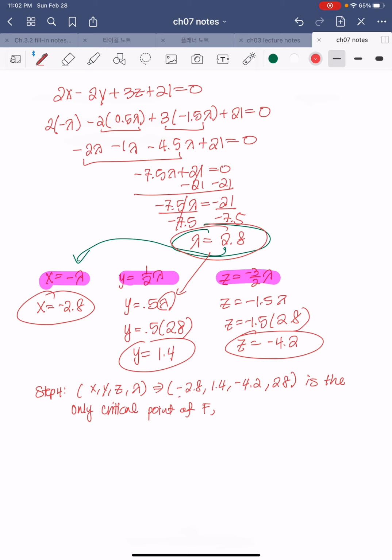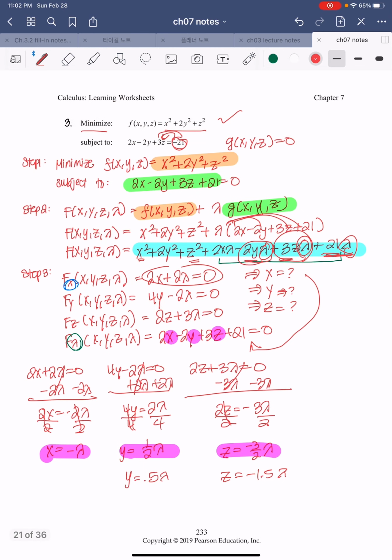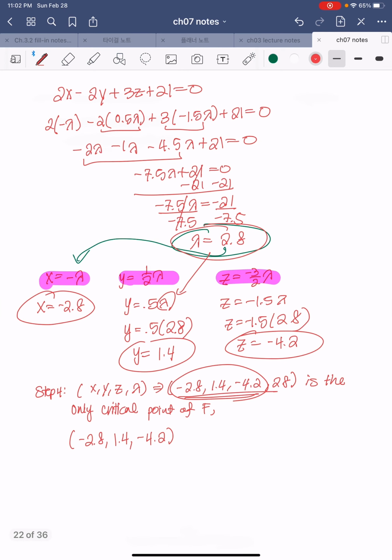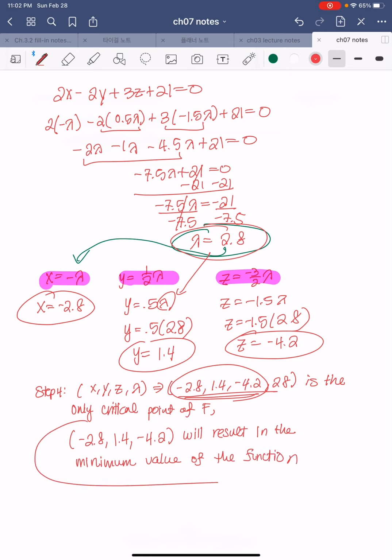So only x, y, z will be my final answer. Negative 2.8, 1.4, negative 4.2 will result in the minimum value of the function. So I'm looking for this one. This will be your final answer.